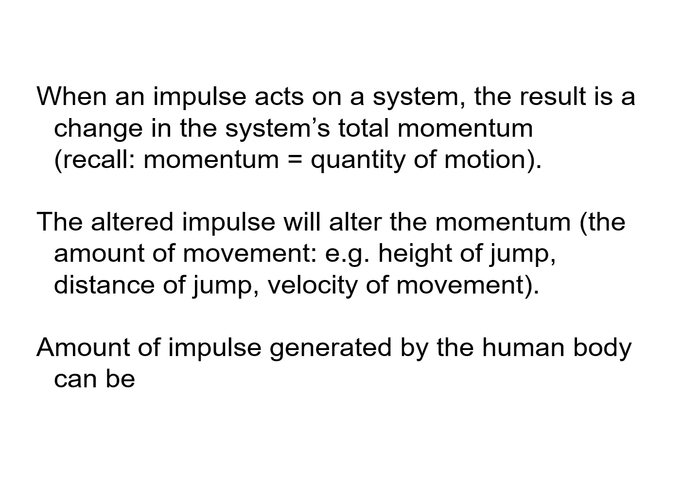The altered impulse will alter the momentum, the amount of movement, for example, the height of a jump, the distance of a jump, the velocity of the movement, and the amount of impulse generated by the human body can be intentionally manipulated. Once again, we're increasing the amount of time this impulse is generated over.